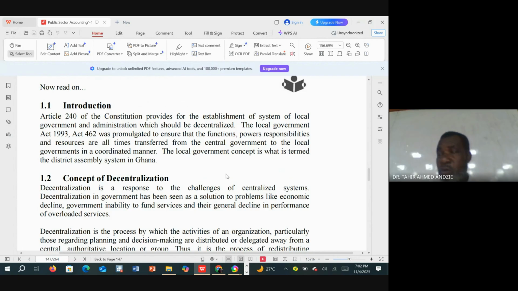And when we talk of the central government, we're talking of the president and his cabinet ministers, as well as the MPs and judiciary, those three arms of government. And then they have to transfer the money to the various local governments to ensure proper development of the local areas.